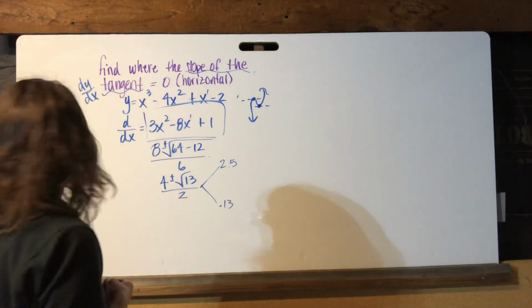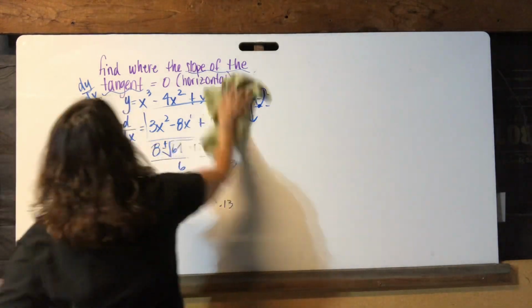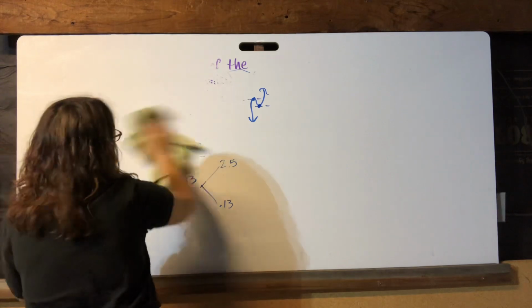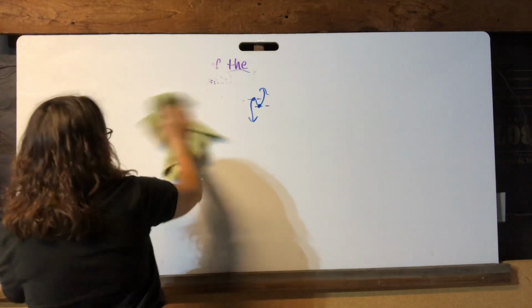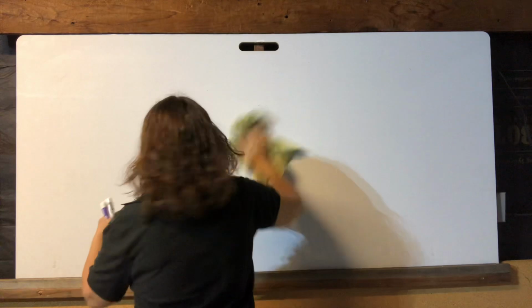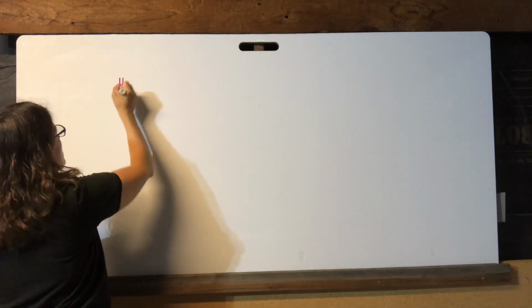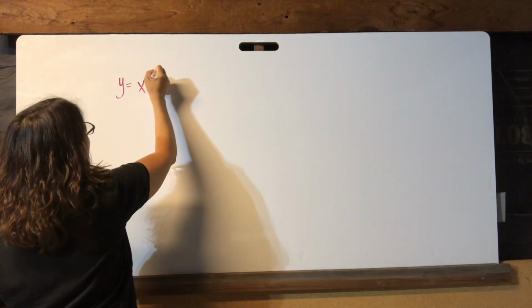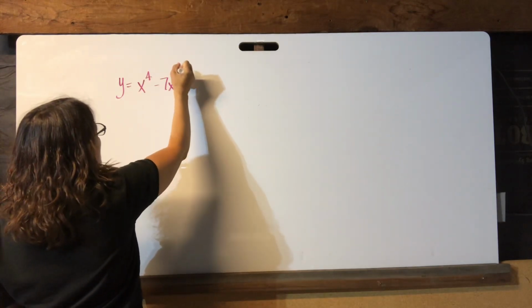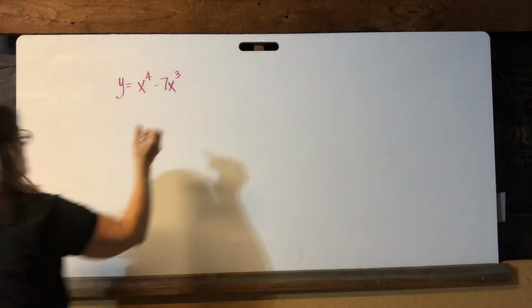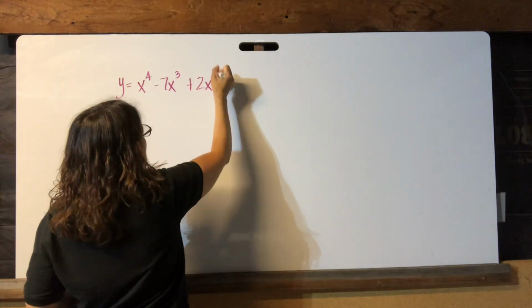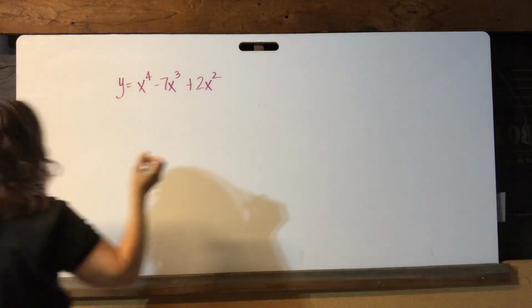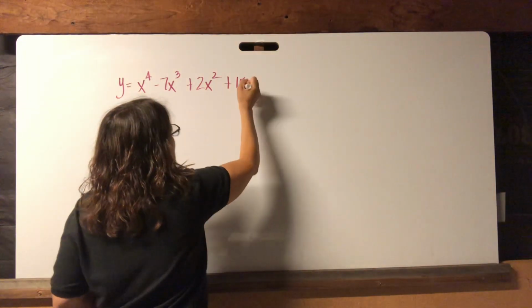Let's do one more that's a higher power. Let's do y equals x to the 4th minus 7x cubed plus 2x squared plus 15.